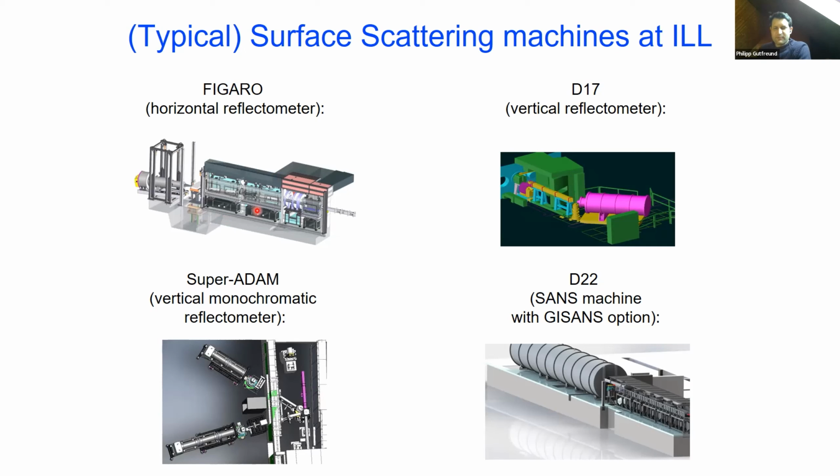This is the one I'm responsible for, the horizontal sample geometry, mainly for fluid interfaces. And then we have a couple of small angle scattering machines, SANS machines, and the one we use for surface scattering is D22, because there we have the proper slit collimation available, but in principle this can be done on any SANS machine at the ILL.